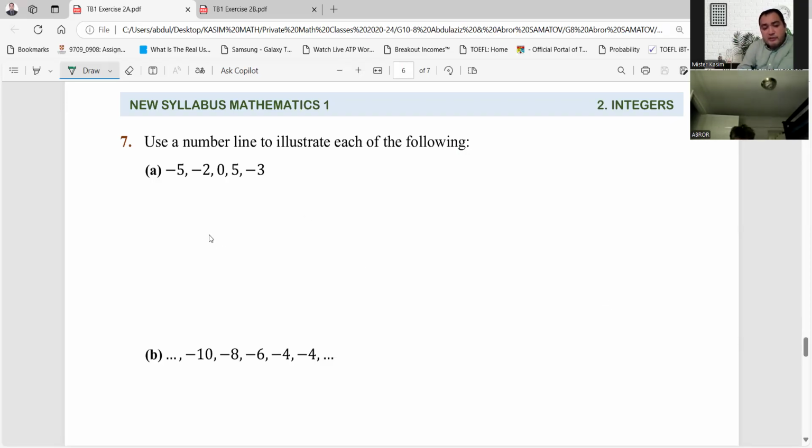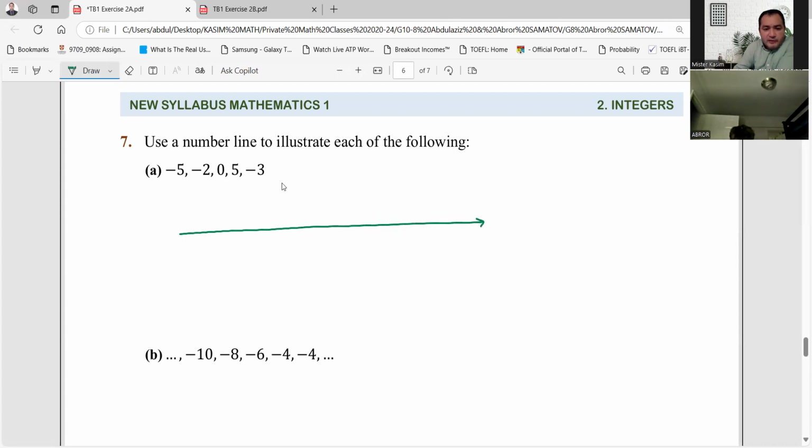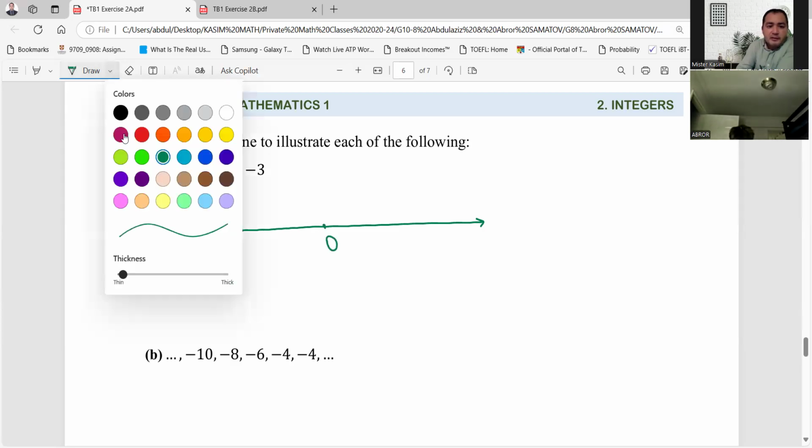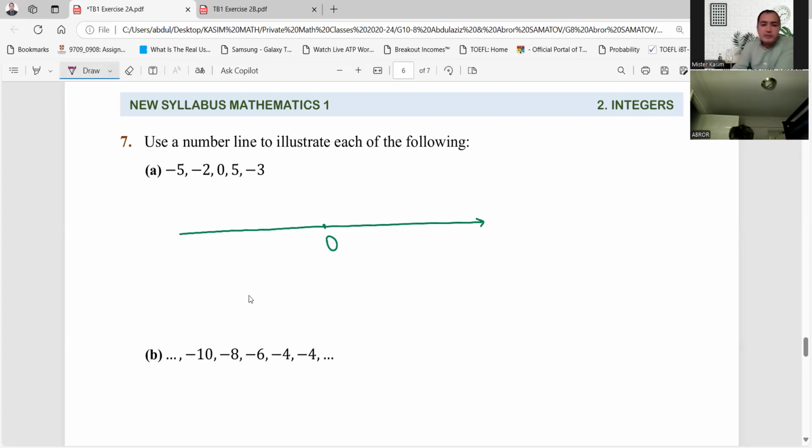Right, Abror. First, we draw a number line. And actually here we have negative 5 and 5. Always we start with 0. Okay. So now, what is the smallest number here? Negative 5. So I start from the leftmost, right? Here we have negative 5.